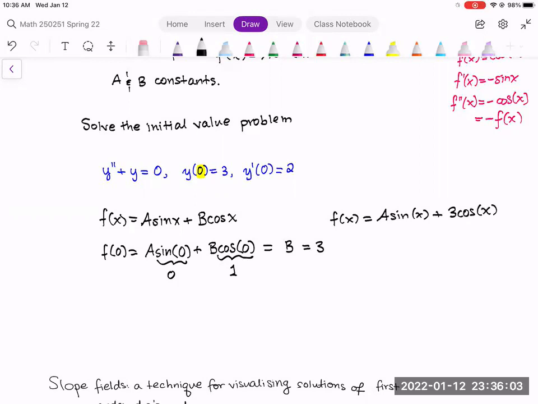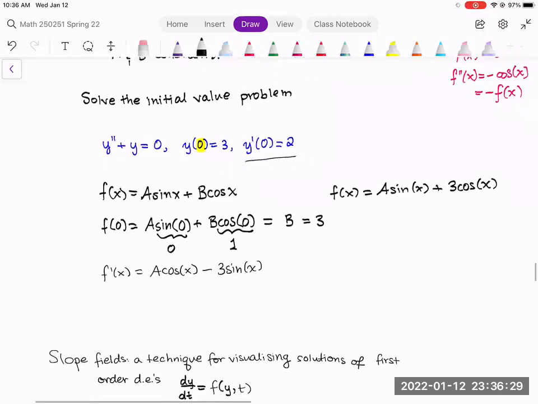All right, then next up, let's try and satisfy this second condition about the derivative. Okay, so I'm going to take the derivative of this function. Okay, we get a cosine x minus 3 sine x. That's our derivative function. And we're going to evaluate it at 0. Okay, so at 0, we have a cosine of 0 minus 3 sine of 0.